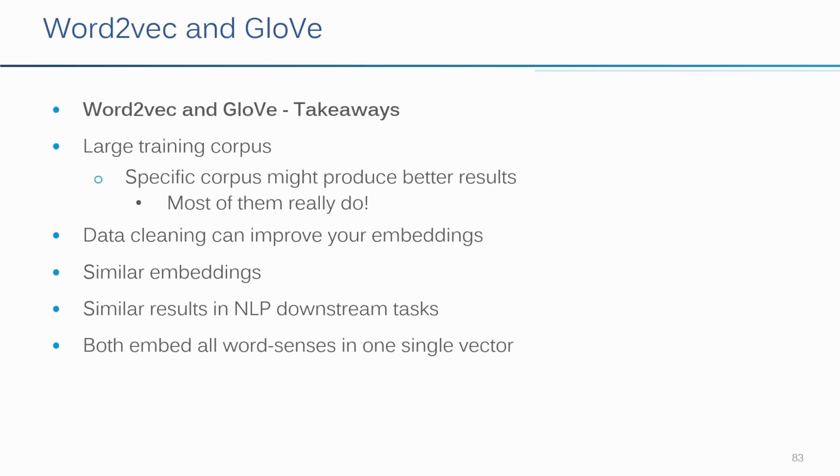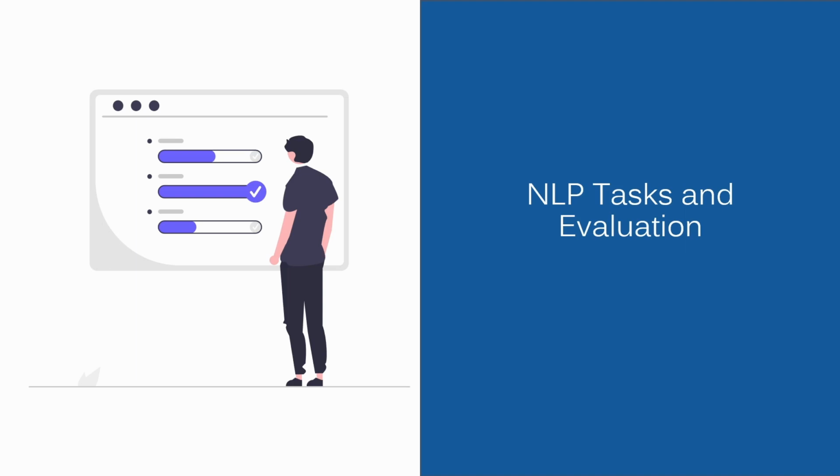They have similar results in NLP downstream tasks, and both, of course, have the problem we saw of embedding all word senses in one single word vector, and we'll hopefully see an approach to tackle this. Before we get into this, we'll talk about 2 or 3 tasks and some evaluation metrics that we use. Yes?